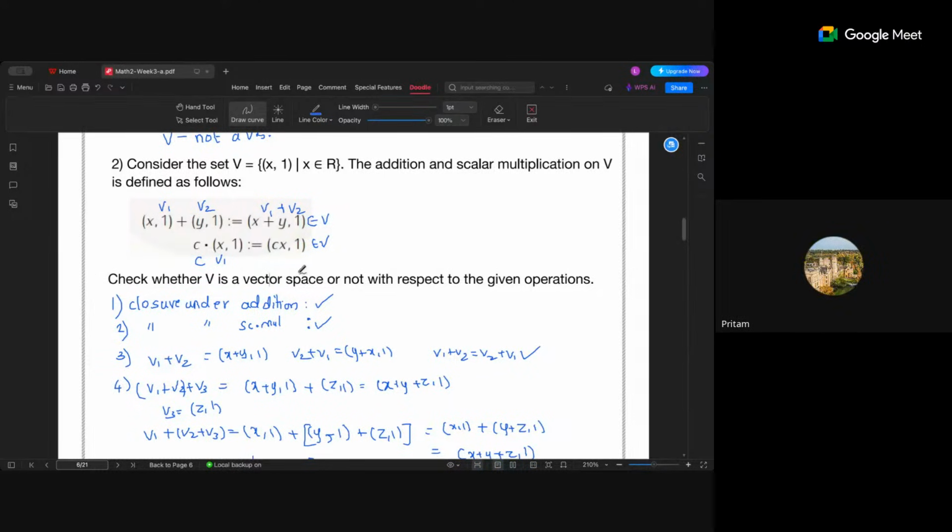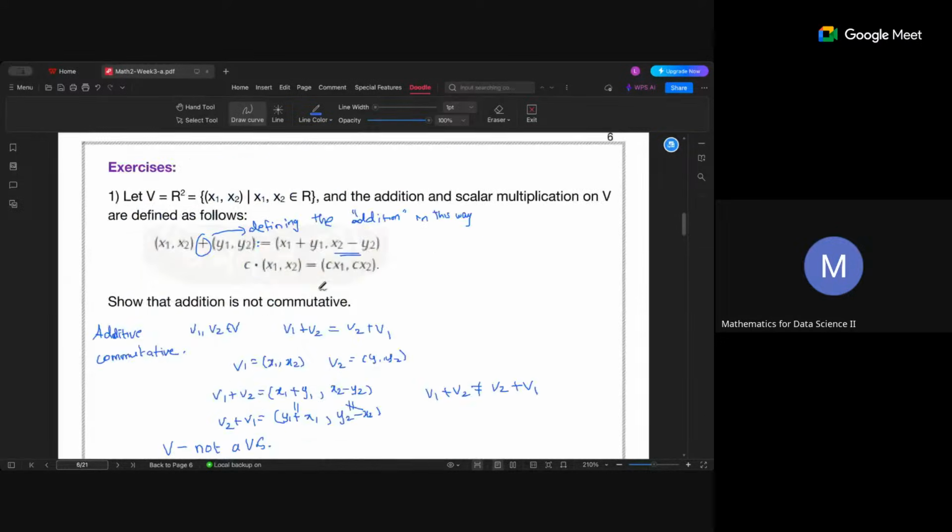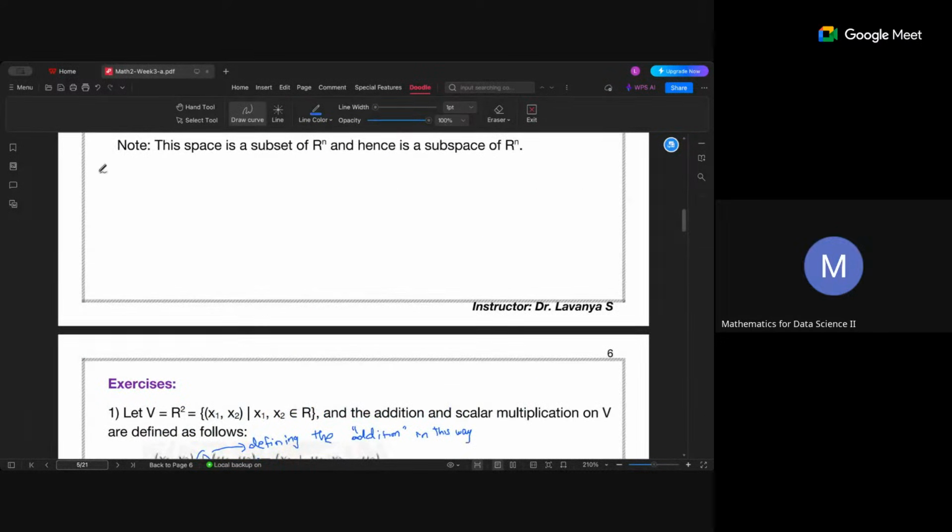Can you give me an example of a set that is closed under addition and multiplication but doesn't hold other conditions? For example, let's take S equal to the set of all x comma y where x and y are both positive.